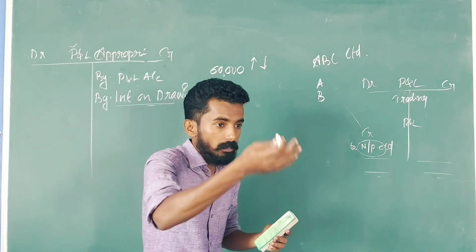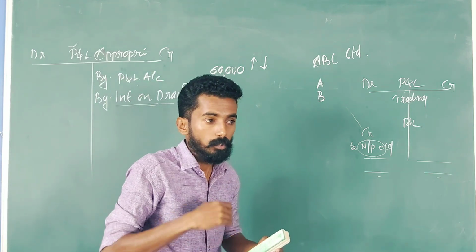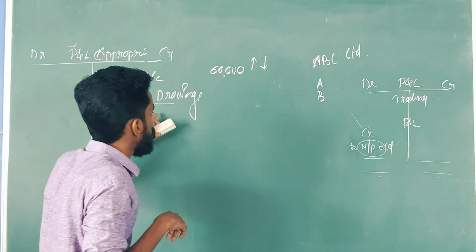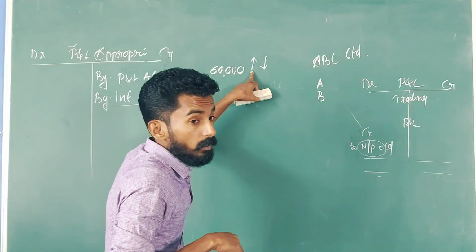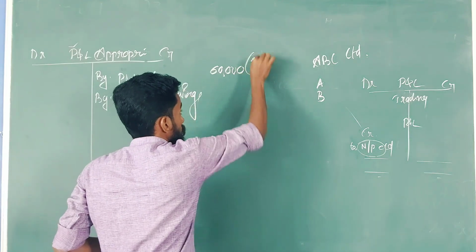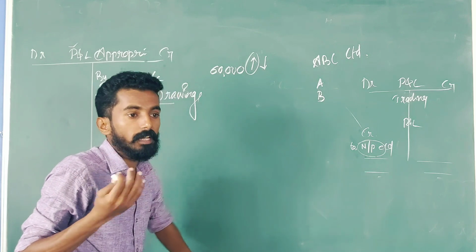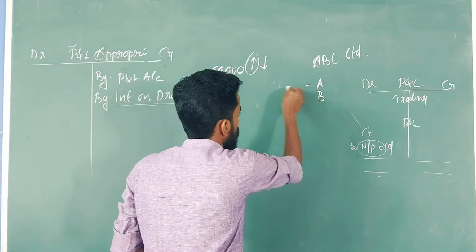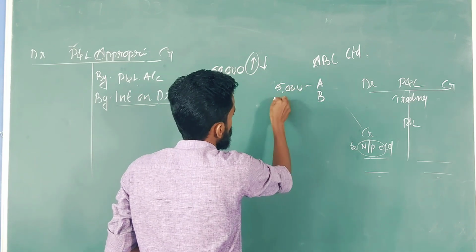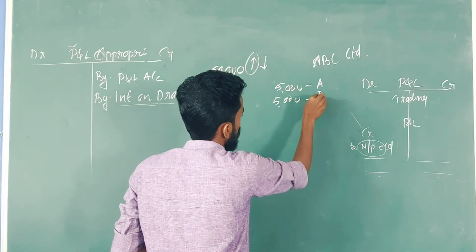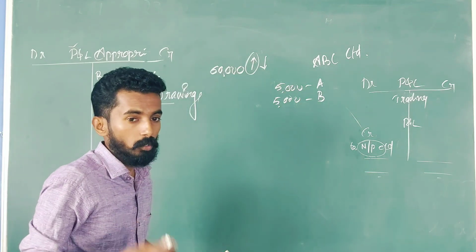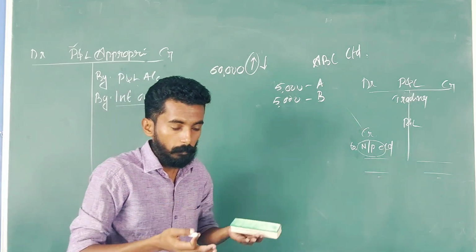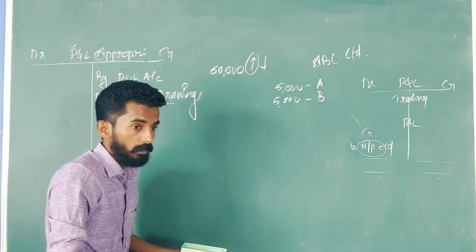So if a firm is charging, automatically the profit balance will increase because they are collecting that amount into the business. Correct? A is going to pay, imagine, 5,000 as interest on drawings and 5,000 from B as interest on drawings. Automatically 10,000 rupees increase is there in the partnership firm.